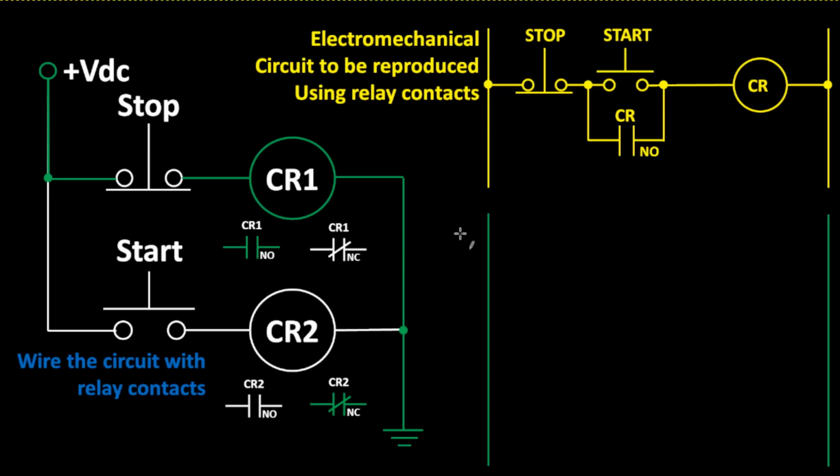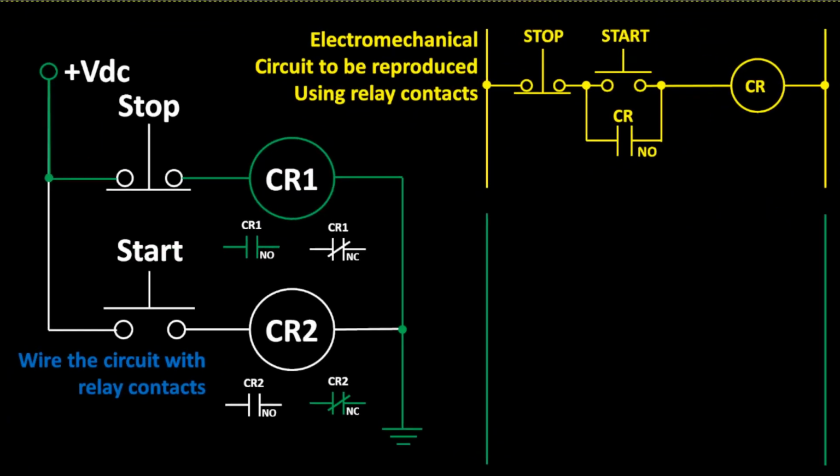So right now, the normally open contacts of CR1 are closed. So in order to get a closed contact in the PLC or in my ladder logic, I would have to wire the normally open contacts of CR1.